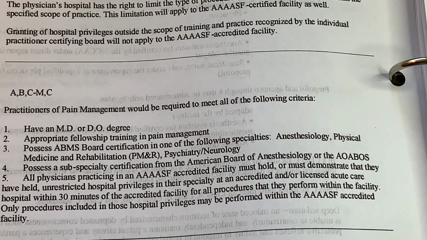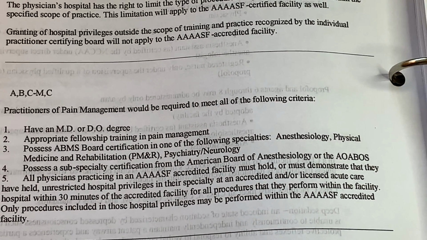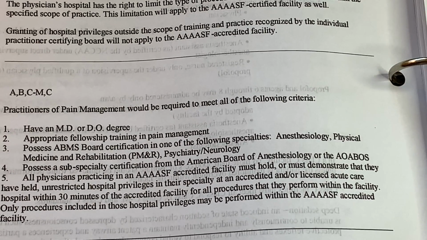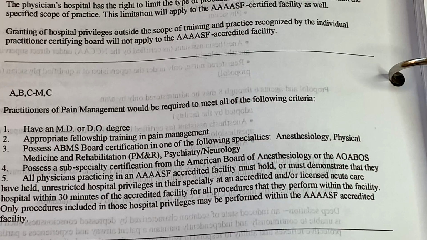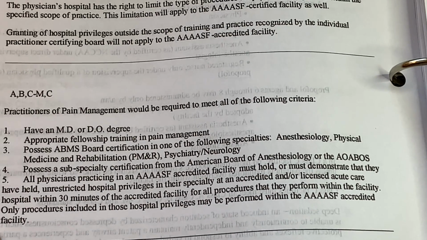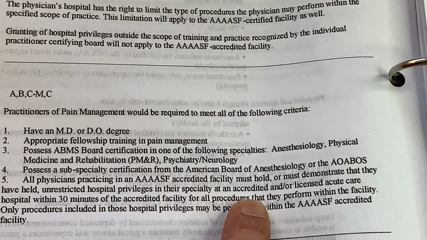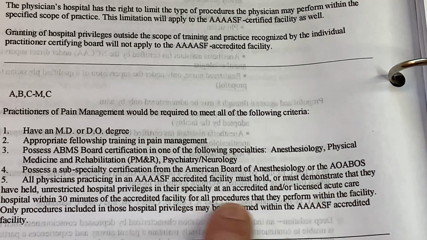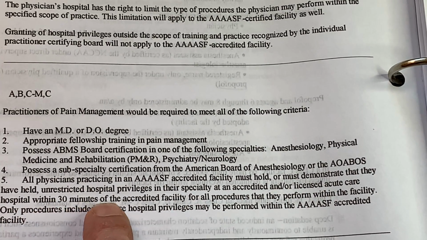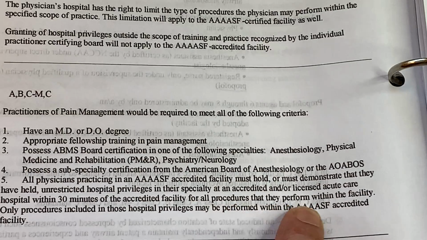Possess a subspecialty certification. From the AAAASF, all physicians practicing in a Quad A facility must hold or demonstrate that they have held unrestricted hospital privileges in their specialty, right? And again, within 30 minutes of the accredited facility for all procedures.